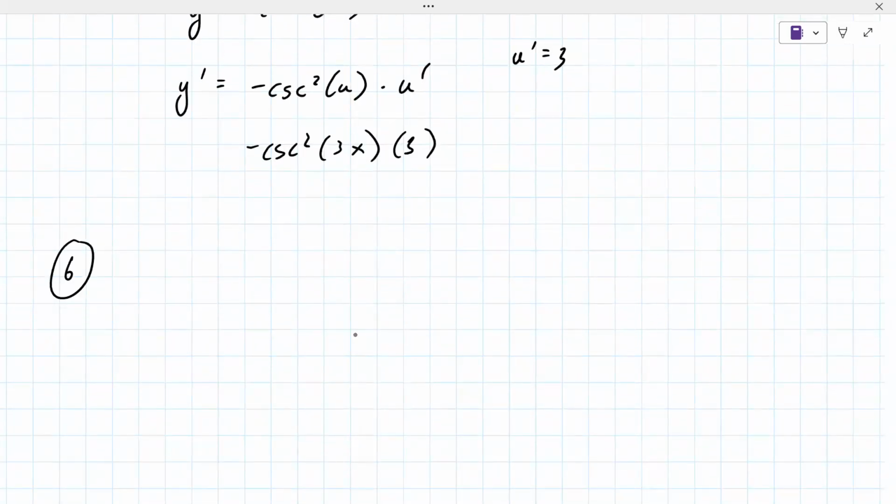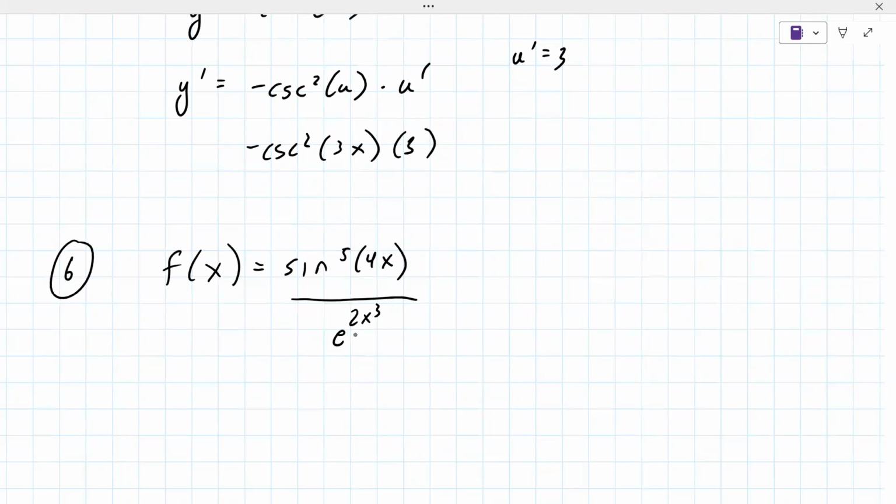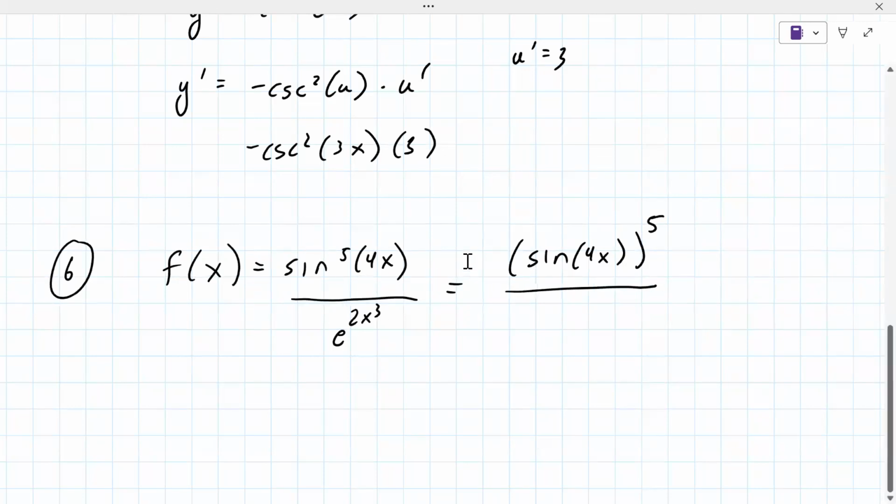So we got, I think for this one, the sine to the fifth power is what threw me off. You probably actually want to rewrite it like this, where it's to the power of 5, and that will help with the derivative. So the derivative is actually a power rule followed by a chain rule followed by another chain rule.